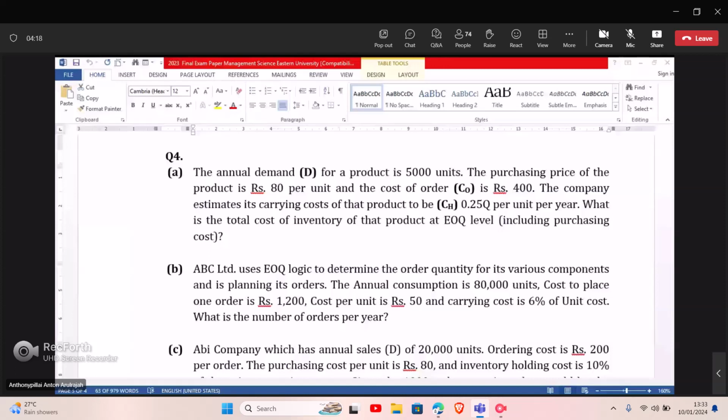You already used Co is equal to 400. And also the CH, CH is equal to 0.25. Right, these are the information.